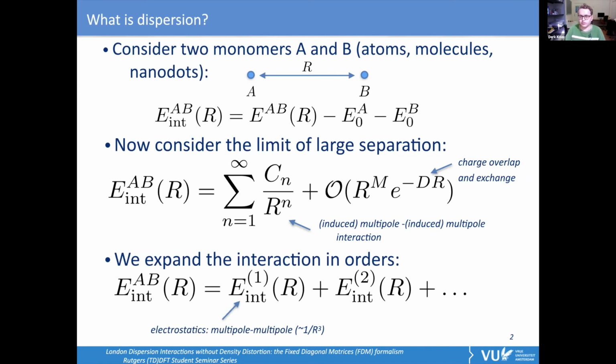The first term, 1 over r to the third for neutral systems, is the dipole-dipole interaction, while the second-order term corresponds to induction, the induced multipole interaction, and dispersion, the induced-induced multipole interaction. The dipole-dipole term corresponds to 1 over r to the 6th. This is the famous term that you have in your Lennard-Jones, and that appears in a lot of DFT approximations for dispersion.